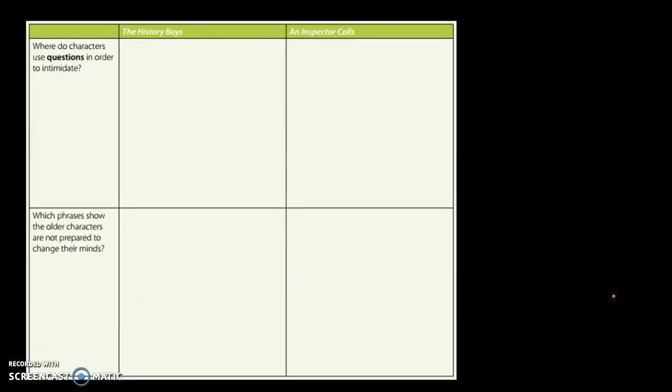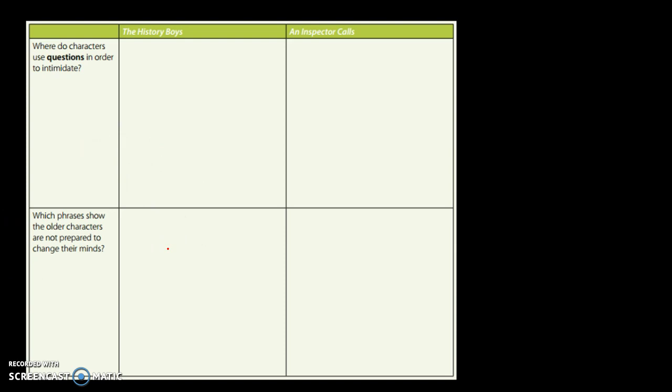And now within those paragraphs, you can think about these points as well. So where do characters use questions in order to intimidate? So this is actually asking you to focus on the language and the choice of words that have been used by both playwrights, Bennett and Priestley. Which phrases show the older characters are not prepared to change their minds? So again, thinking about the conflict between the generations.